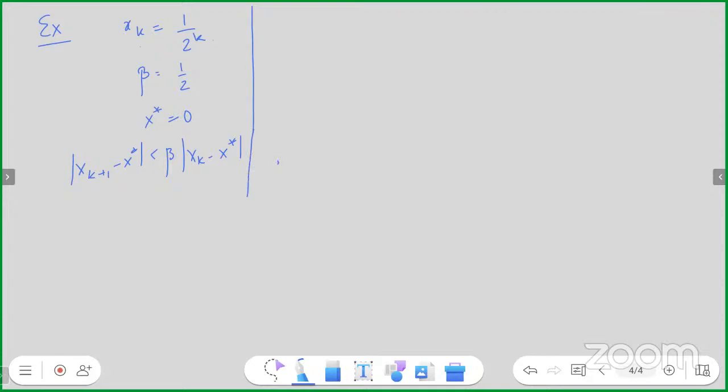Okay, superlinear. So superlinear is when beta k goes to 0.